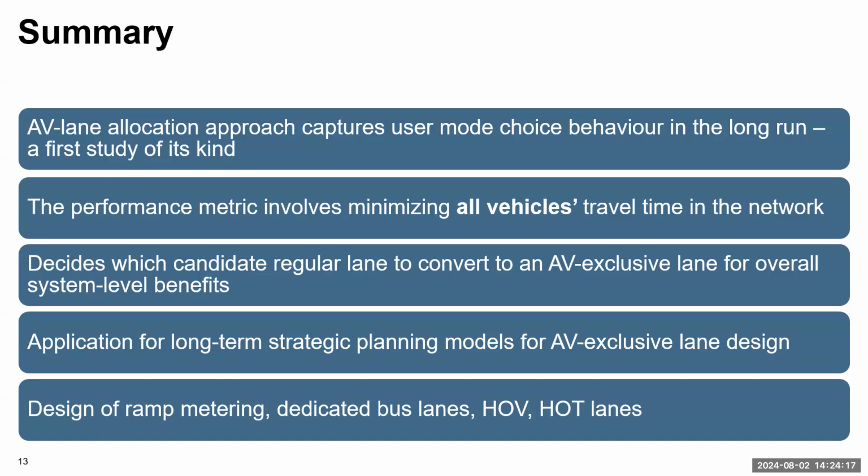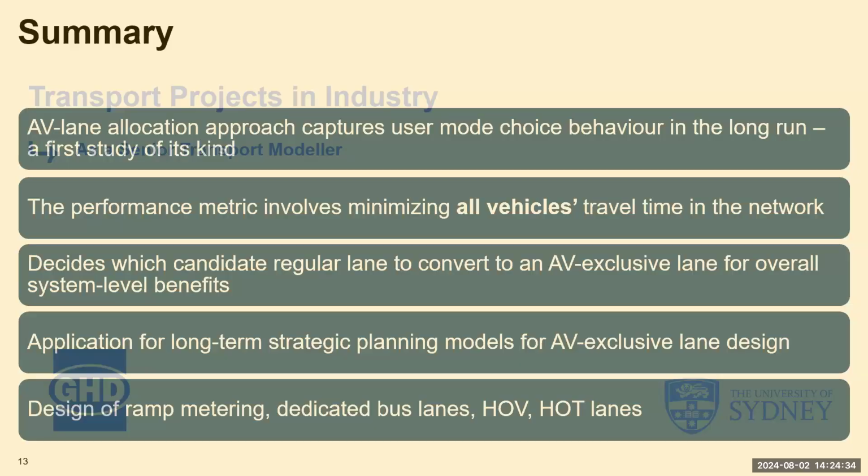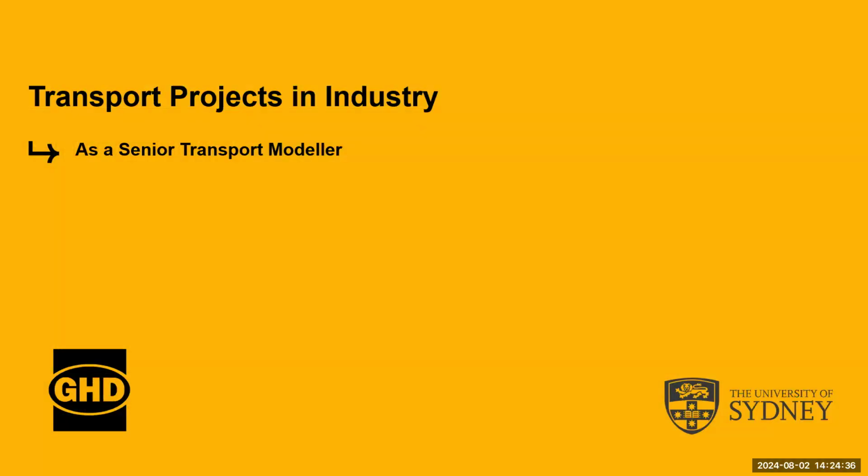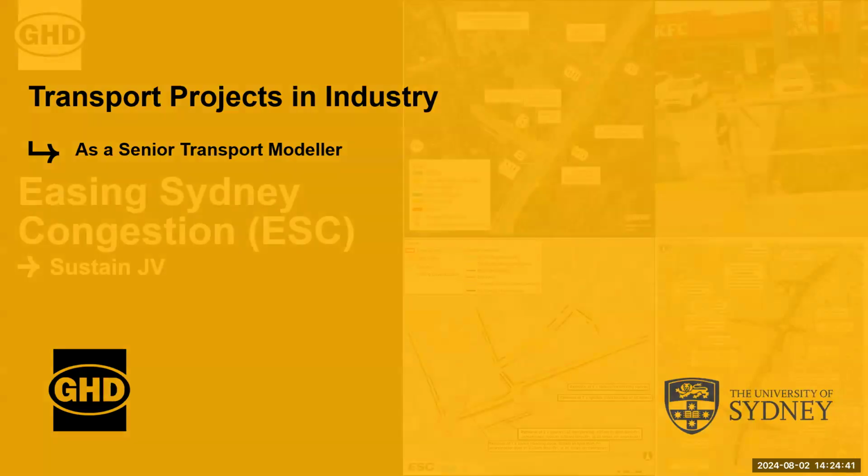But now I'm going to switch back to the industry project that I have been involved in. You might be more interested in this if you are looking to pursue your career in industry, to see how different the projects are. I will go through a few projects I have been involved in as a senior transport modeler at GHD.